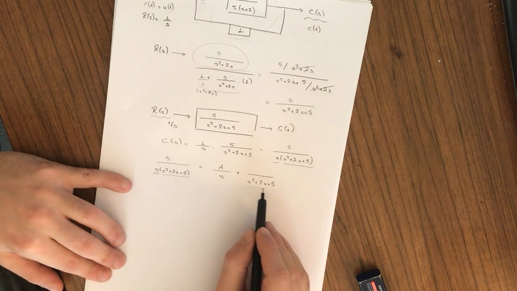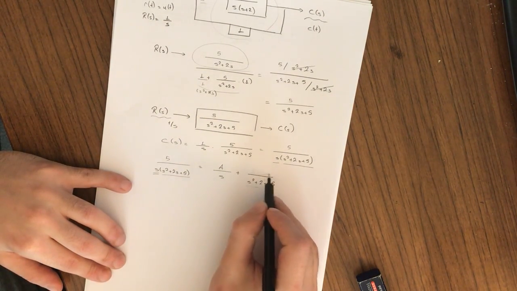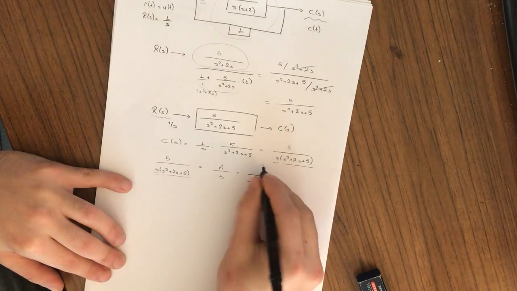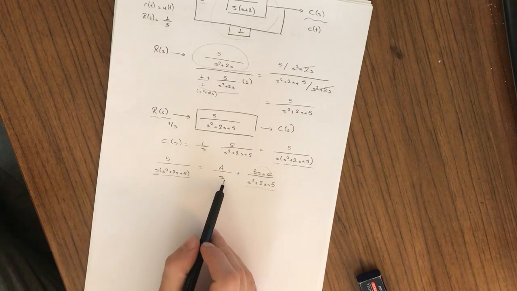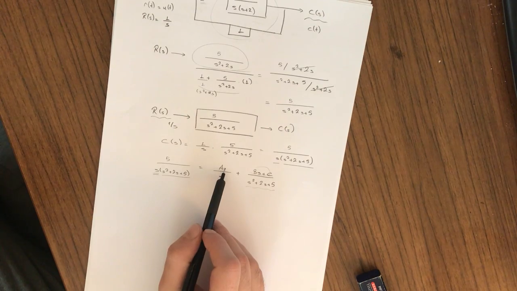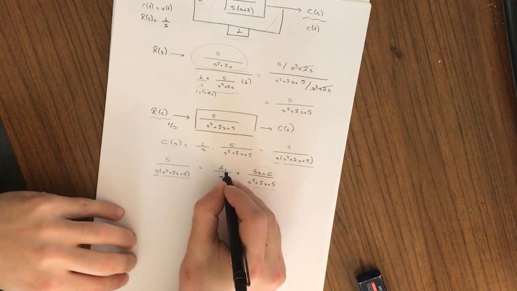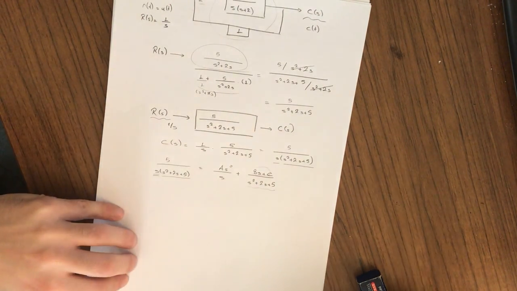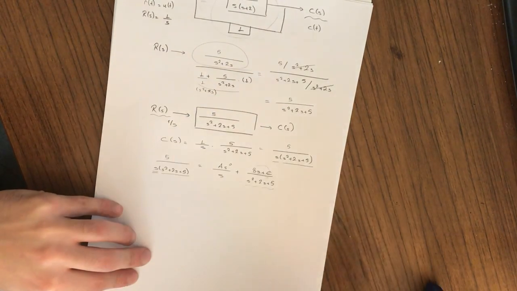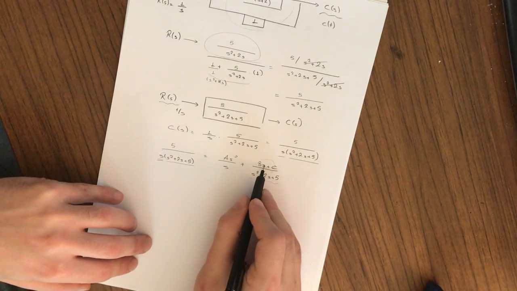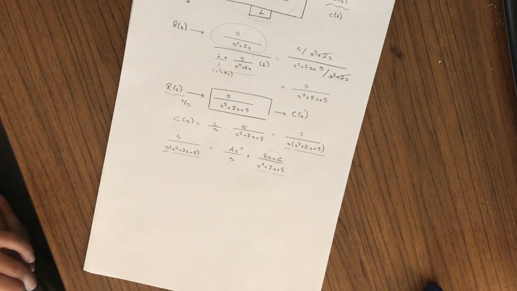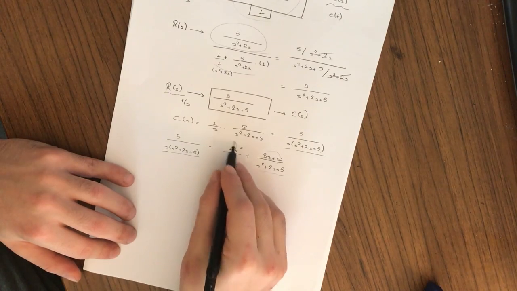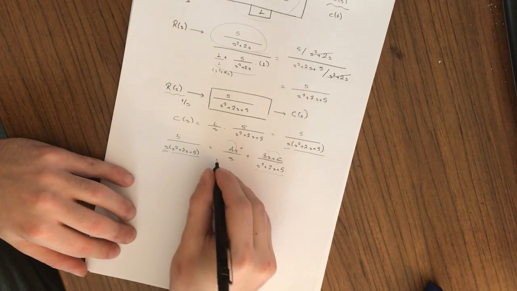If this is a second degree polynomial, the numerator should be first order, so it's going to be Bs plus C. The denominator here is a first order polynomial, so the numerator is 0th order. Now we need to find these three coefficients, A, B, and C.